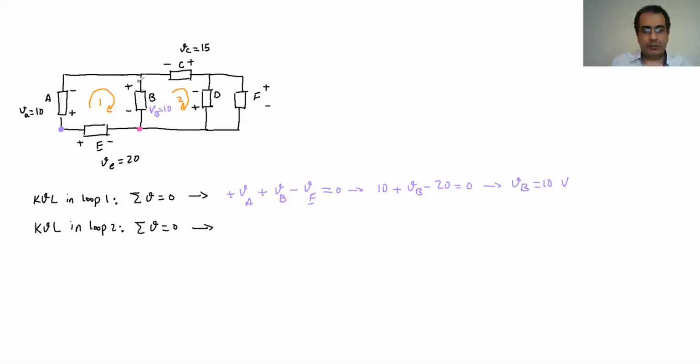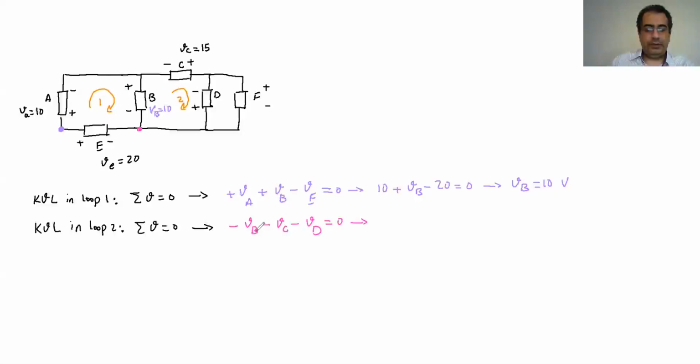So I start from this point, I go up, I hit the negative sign here, the negative polarity. So I put the negative and then VB. And then I go to C, I hit the negative sign again first. So I put the negative and then VC. I go again to D, I hit the negative sign again first. So I put the negative and then VD. And then I go back to where I started. So it's going to be 0.